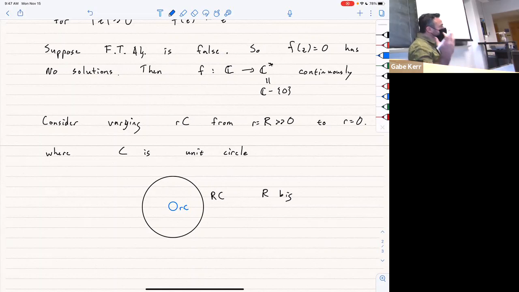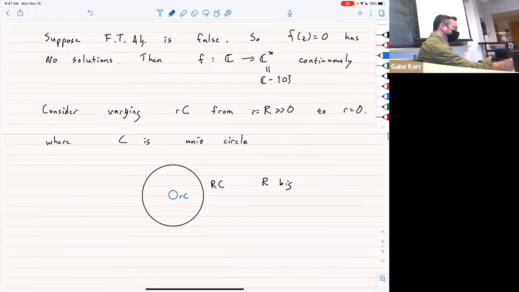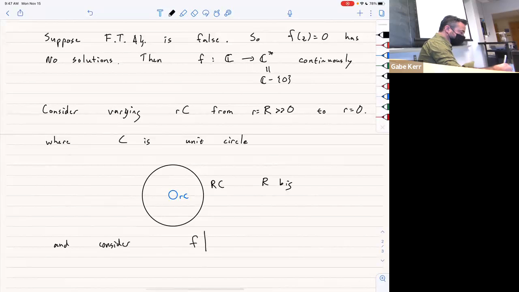What we're going to do is put this into f, and we're going to ask a question. So I already said to consider varying this, and then consider f restricted to rC.